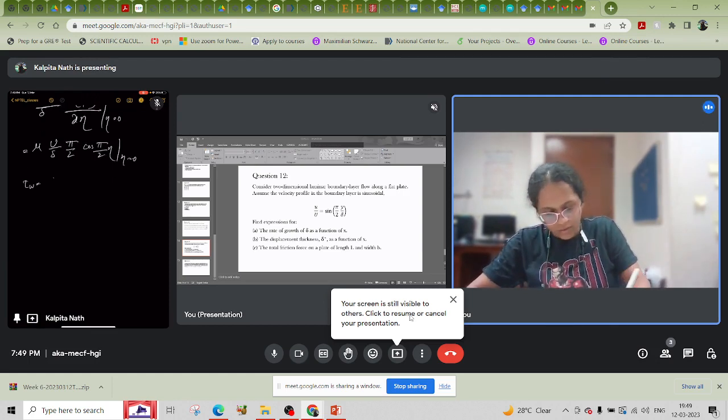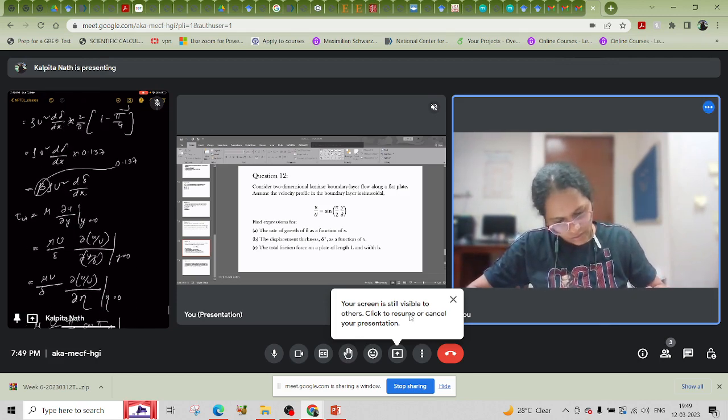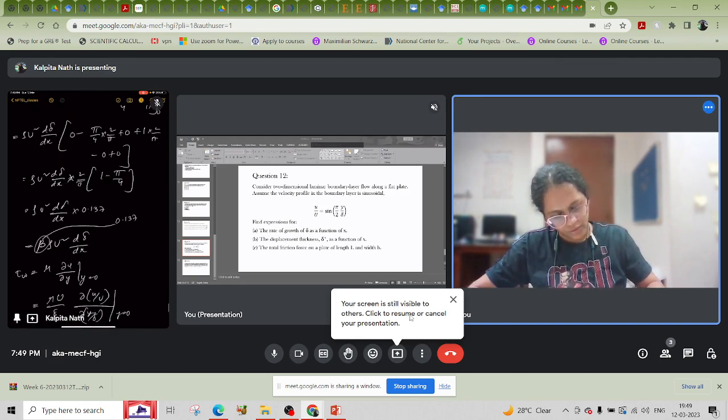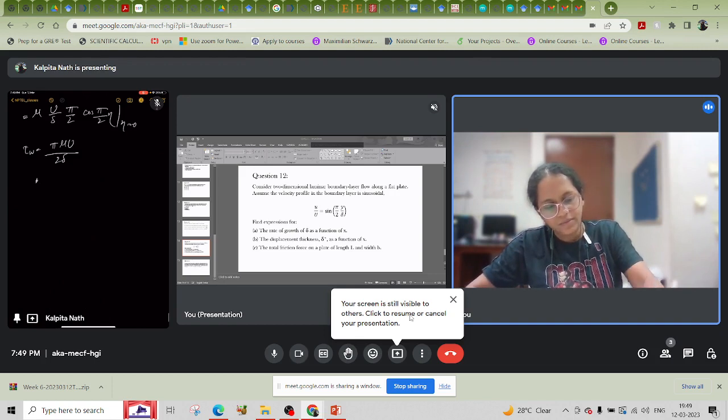So tau w is equal to pi mu U by 2 delta. Now tau w we have already derived earlier, this one: rho U square into 0.137, so it is equal to 0.137 rho U square d delta by dx.